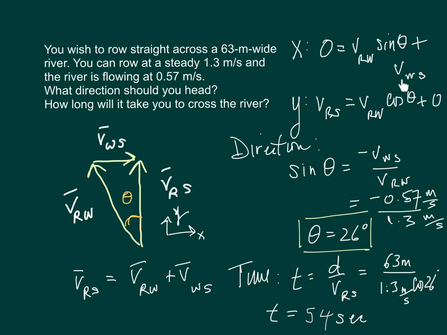And you can see I'm going to substitute in the values of how fast you can row with respect to the water times the cosine of the angle we just derived, which is 26 degrees. So putting in those values, plugging them into the calculator, I get a time of 54 seconds. Now, this seems pretty reasonable for a rower going at about a meter per second, going 60 meters. That might take about 54 seconds, just under a minute.